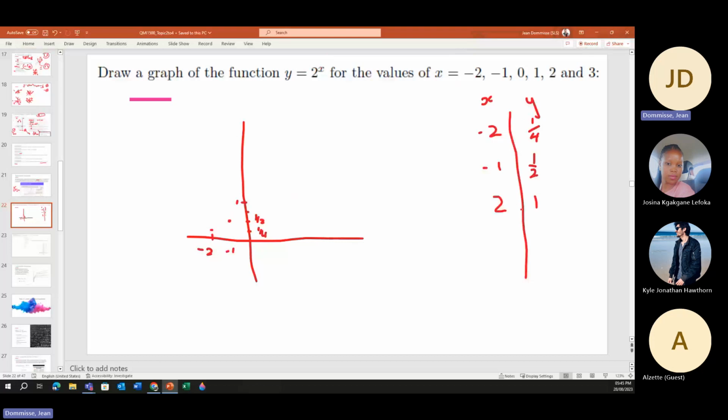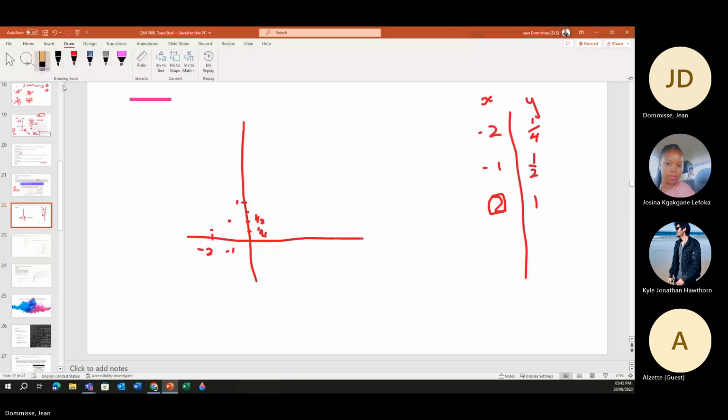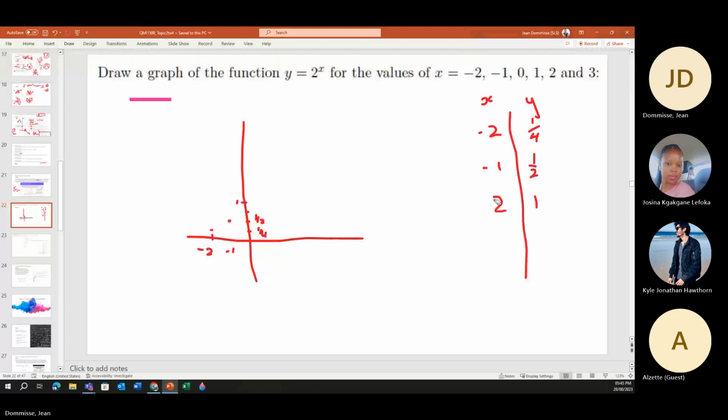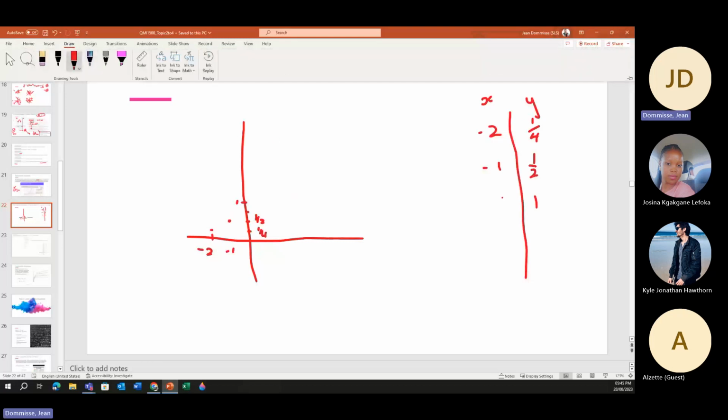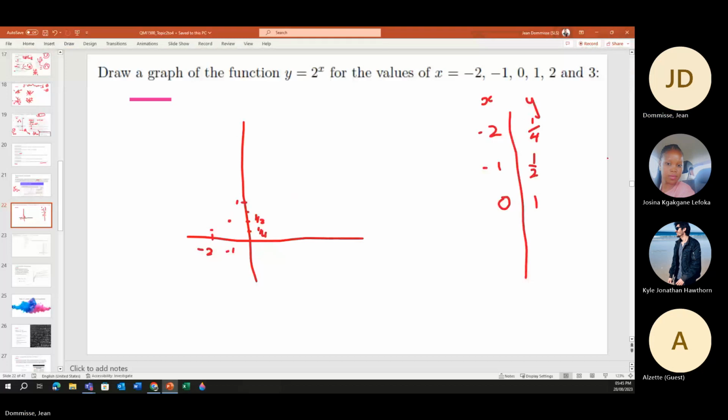So where x is 0, your answer is 1, so there it goes.